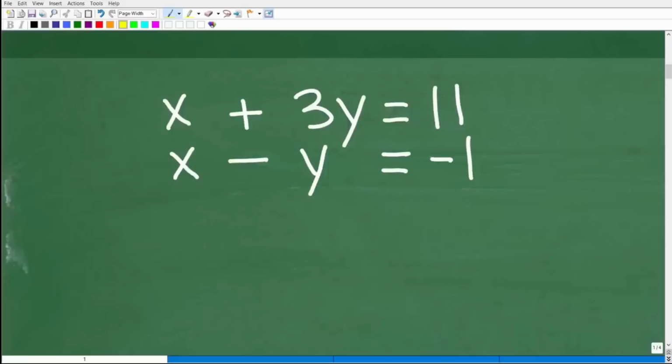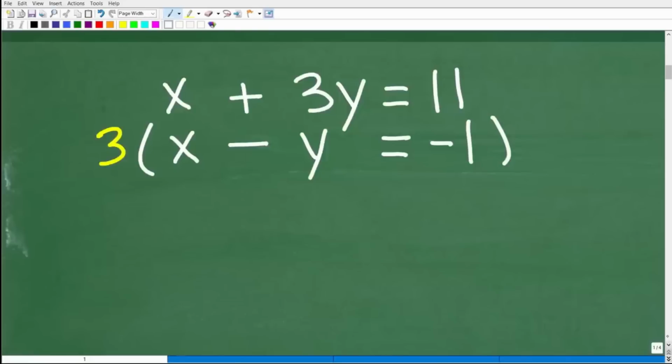So let's just do this right now. We'll multiply by 3 just to make this point. Actually, probably just multiply by negative 1, I could have the opposite on the x's. But for the purposes of this, let's multiply this second equation by 3, the entire equation. You can go both routes; there are a lot of different options when solving linear systems.